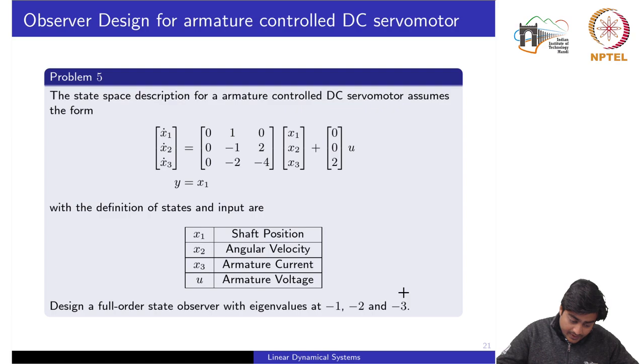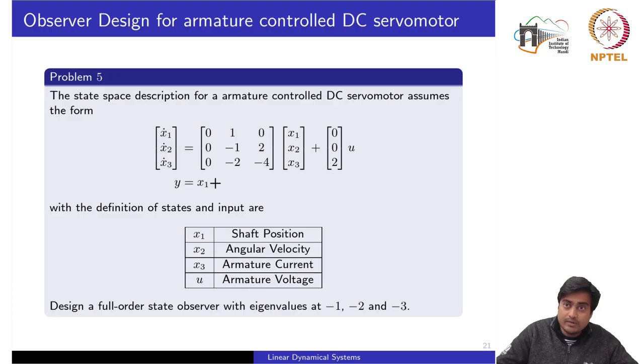The idea of designing the observer originated from when we want to design a state feedback controller and we do not have the direct measurement of all the states. So instead of using only the state x1, we want to use the complete state.